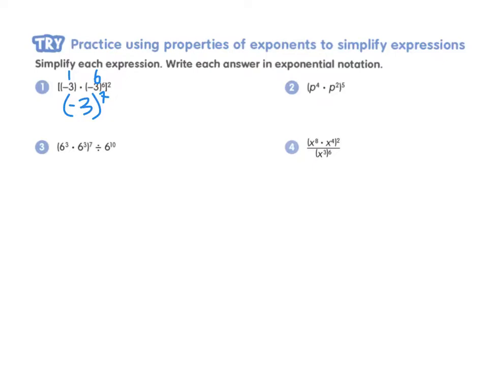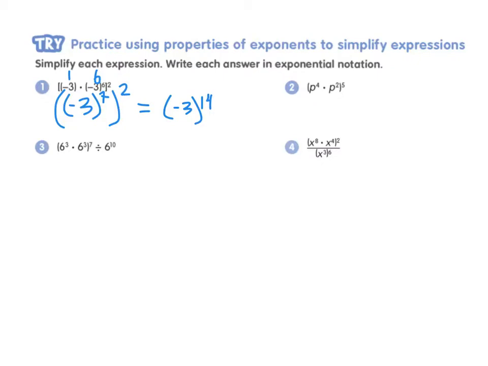Now that is to the power of 2. So I have 2 groups of -3 to the power of 7. So altogether I have 14 groups of -3 to the power of 7. And remember, our rule is that you can multiply the 7 times 2, and that'll get you the 14. So that's for problem number 1.